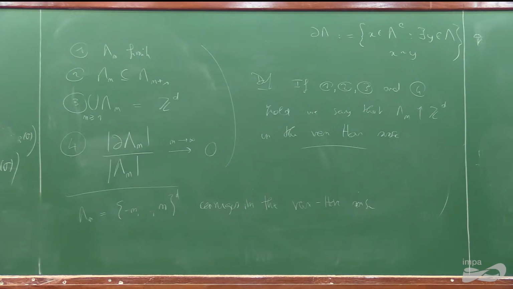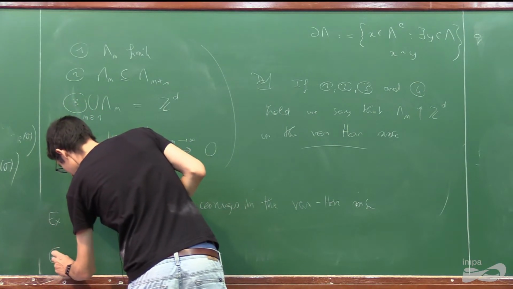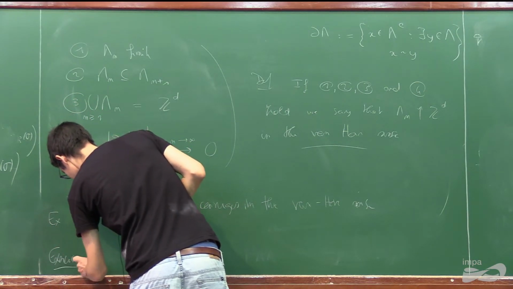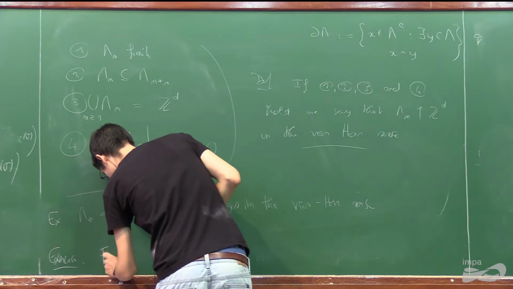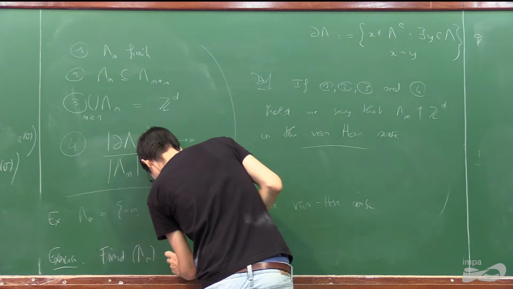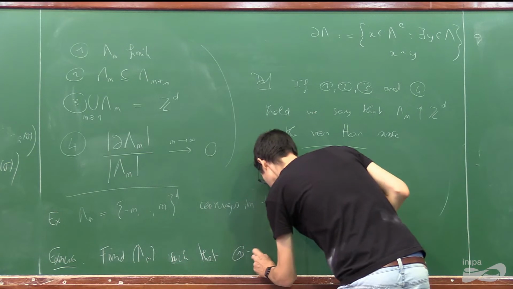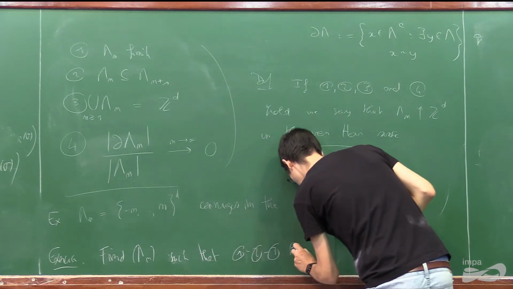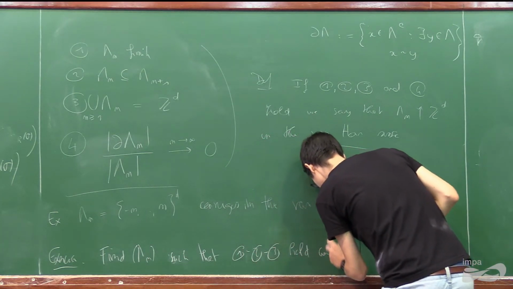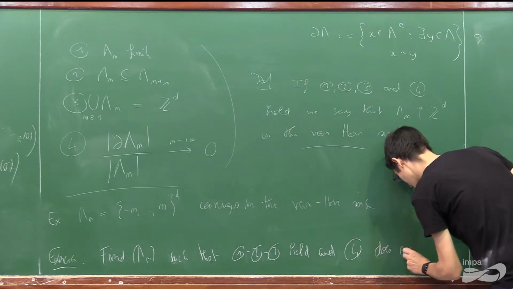Well, this is basically the isoperimetric inequality on Z^d. And maybe an exercise would be to find a sequence lambda n such that 1, 2, 3 hold, and 4 does not.